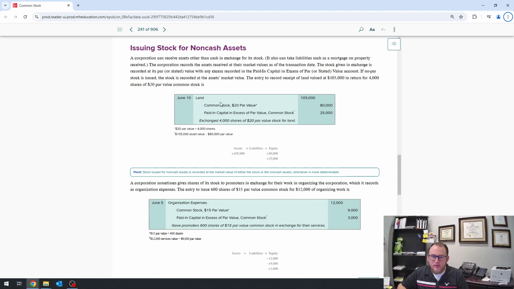But we're always crediting our common stock, and we're always crediting our paid-in capital in excess of par. But here, what's different is going to be what we're debiting. What are we receiving for that stock? Are we receiving cash? Did we receive land? Did we receive equipment? Or did we incur an expense and we're settling the payment with this stock? So we have to remember that in accounting, we're kind of telling the story of what happened. So that there is issuing stock for non-cash assets.